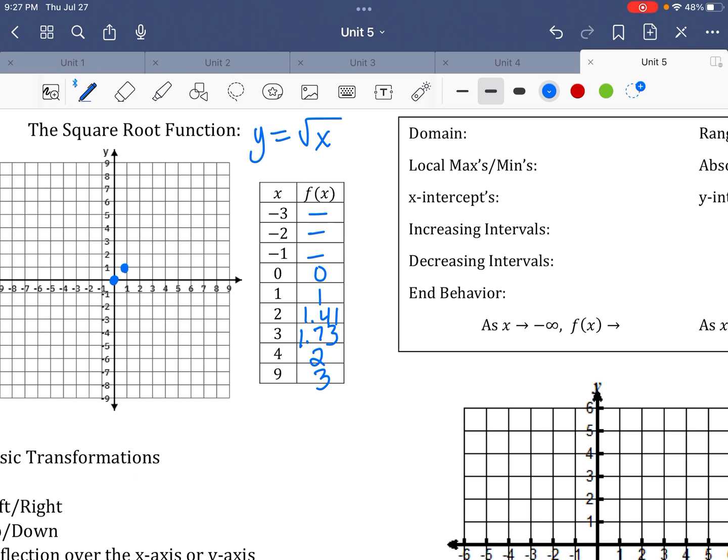You got 0, 0, 1, 1, 4, 2, and you have those other ones inside there too, 2 and 1.4, so maybe about there. 3 and 1.7 about there, but anyway, 9, 3.